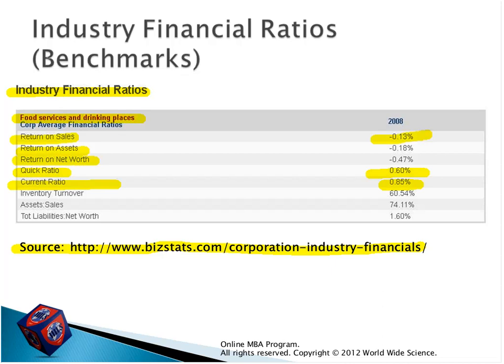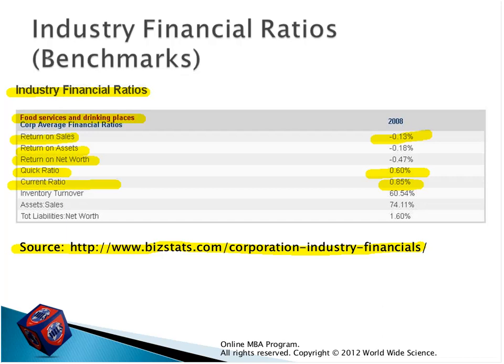Based on the benchmark companies of food services, we have our current assets and we can cover our liabilities only by 85%. And if your results in the same industry are higher, then you can assume that your company is managing its current assets the right way.